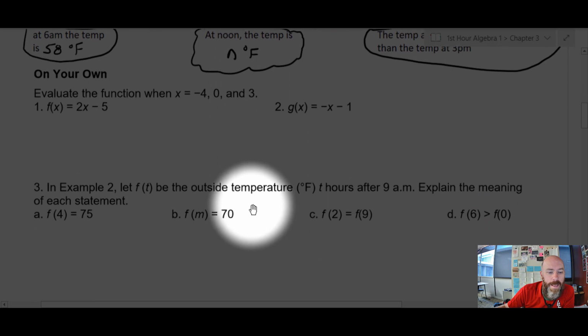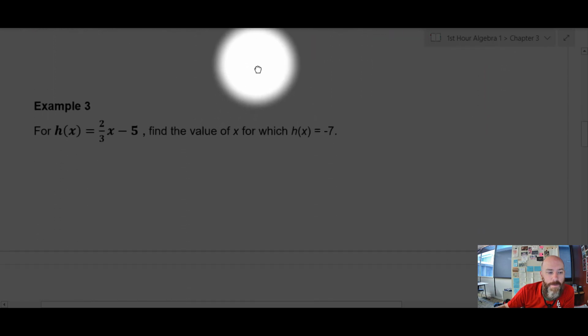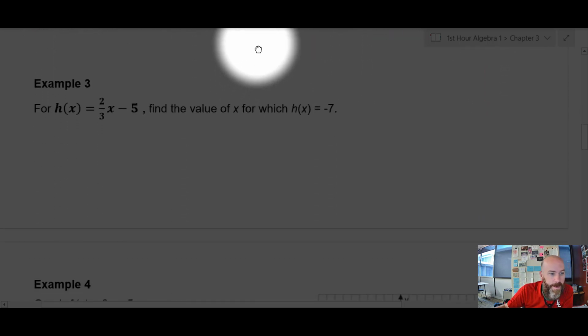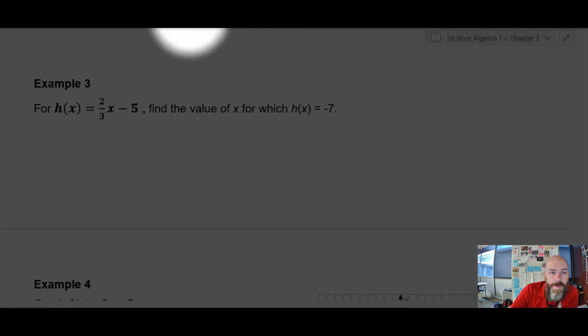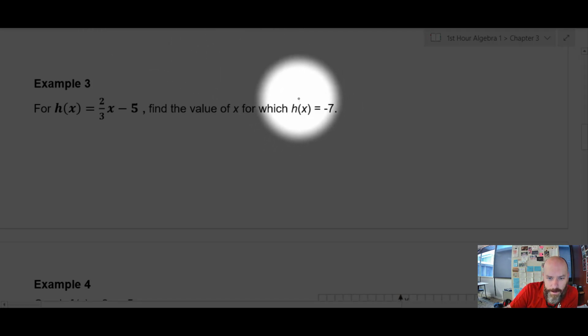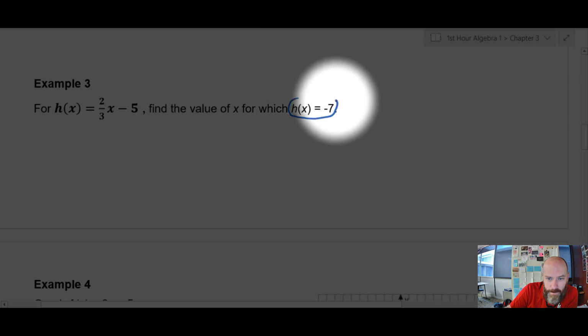So let's go ahead and look at example 3 real quick. For h of x equals 2/3 x minus 5, find and evaluate the value of x for which h of x equals -7. The big thing here is they're giving me h of x equals -7.